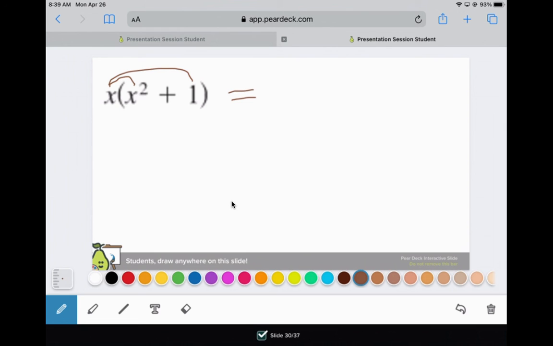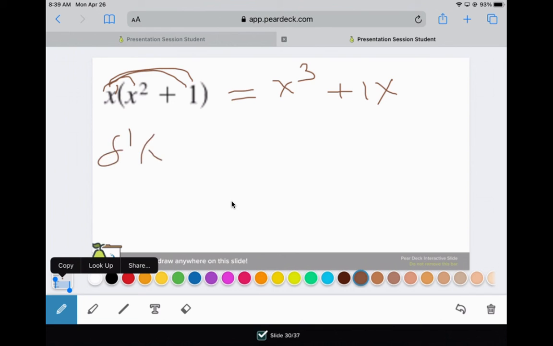If it's division, then you separate them and subtract the power. If it's a product, you distribute or use the Punnett square, whatever works for you, right? So this is going to be x to the third. This is going to be 1x. Now you have the polynomial, and now you can take the derivative, which is 3x squared plus 1. Okay.